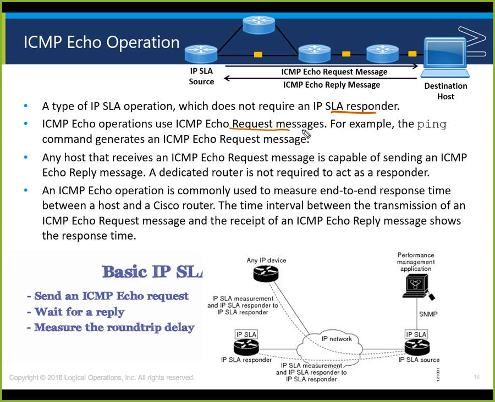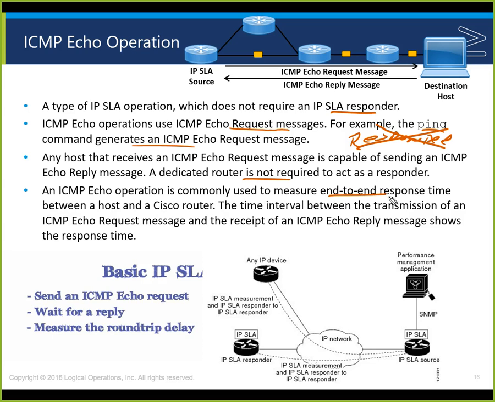Use the echo request message. The ping generates the echo request. A host receives it and is capable of sending a reply. A dedicated router is not required. We don't have to have the responder in this case, because we're using something that's available on practically all of our devices.